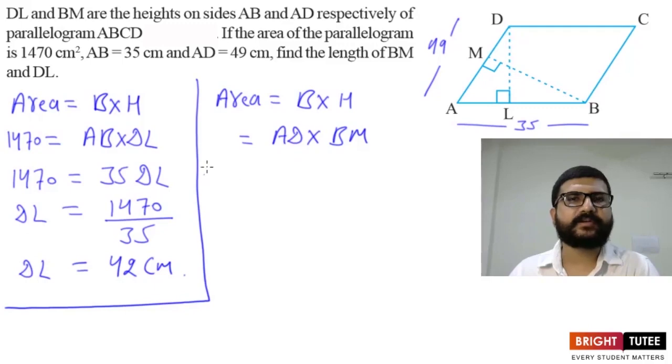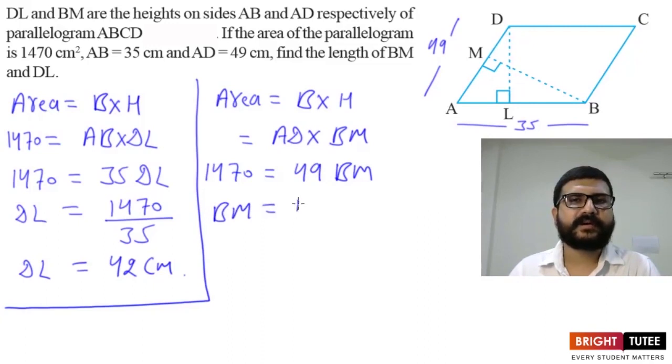Now area is equal to AD into BM. Area is already known to us. It is 1470. So this will be equal to AD, which is also known. It is 49. So this will be 49 BM. Now from here again we have to transpose 49 on the left side. So this will give us BM is equal to 1470 divided by 49. Now we know how to divide two numbers.